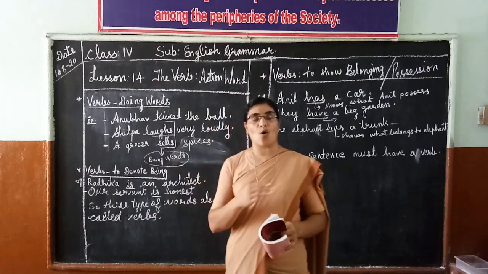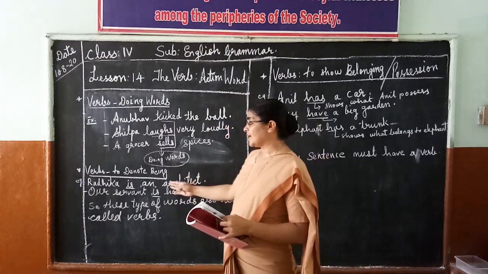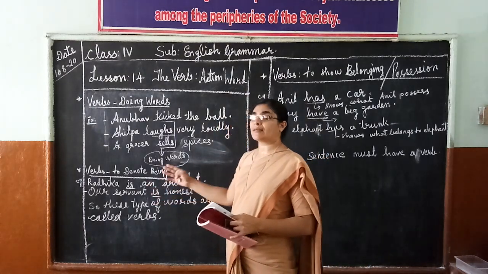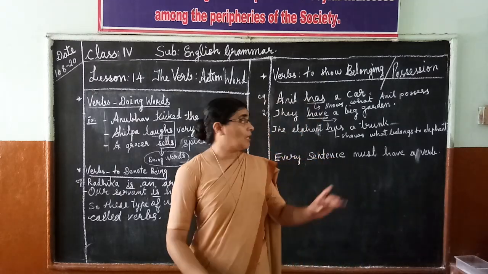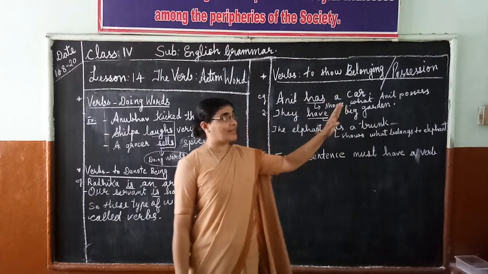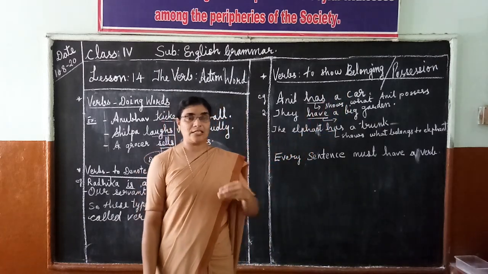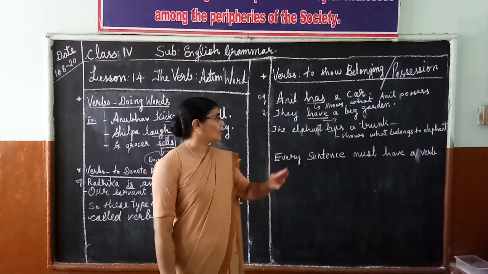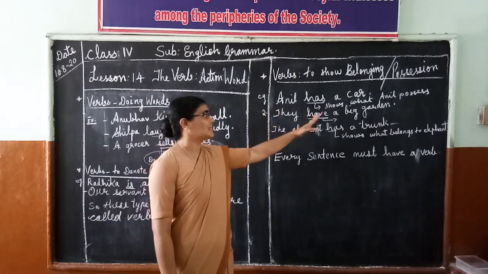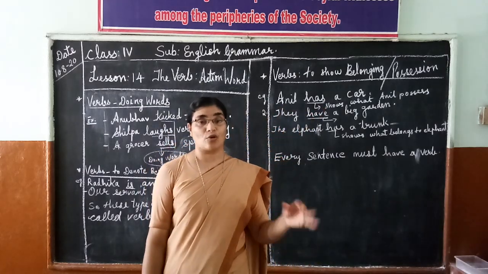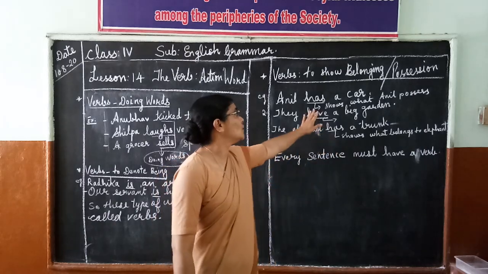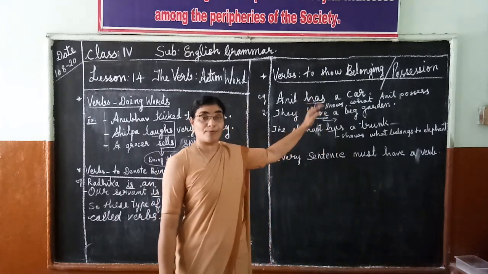They all tell us what a person is, or what somebody has. And finally we have the verb to show belonging or possession. If somebody has a car, it means the car belongs to that person. The word has shows the belongingness or possession.